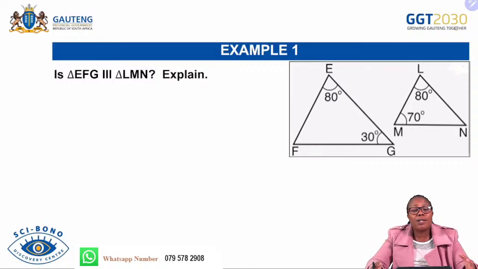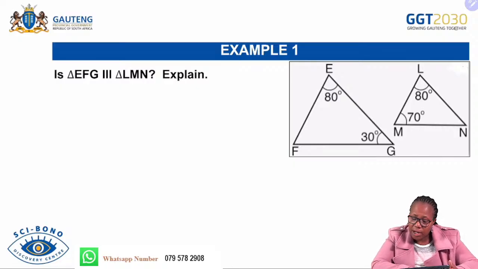Therefore, we will focus on the application that the angles are equal. Okay, equiangular angles. Let's check now. We are given the angle 80, and then we have angle 80 there, and then we have 30, we have 70 there. So we are short angle F and angle N there.